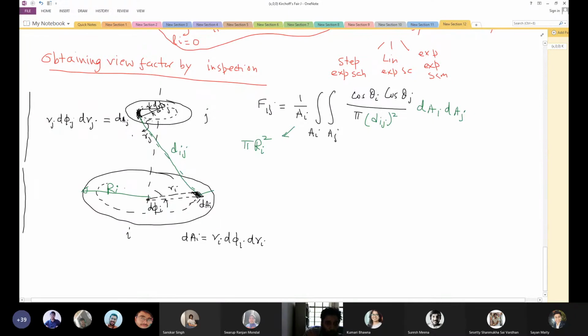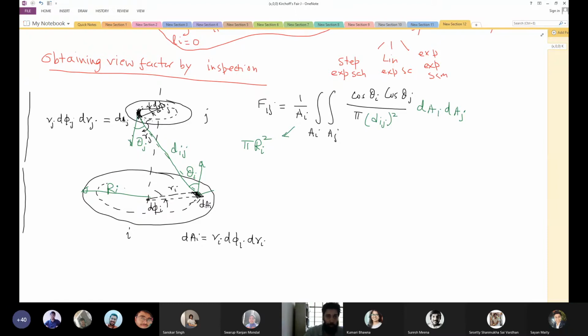If I draw a perpendicular here, this angle is theta j, and if I draw a perpendicular here, this angle is theta i. What is the relation between theta i and theta j for these two plates being parallel? They will be equal. It's not too difficult to see that for two parallel plates, if you draw perpendiculars from each other, they have to be the same.